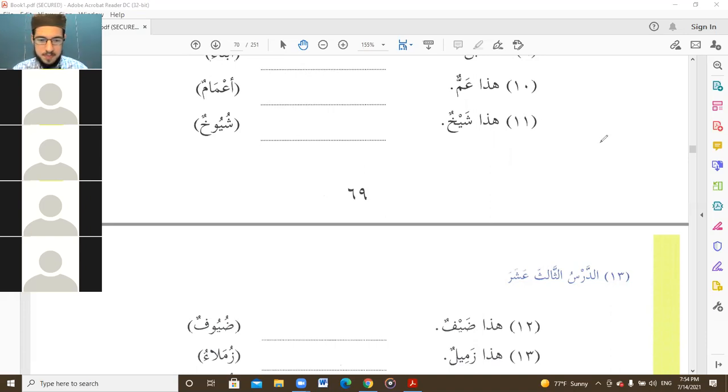Good. Dr. Zia, number 11. شيخ هذا شيخ هؤلاء شيوخ. Fantastic. Sheikh can mean an older man. It can also mean a scholar. In Medina, everybody calls everybody Sheikh, right?